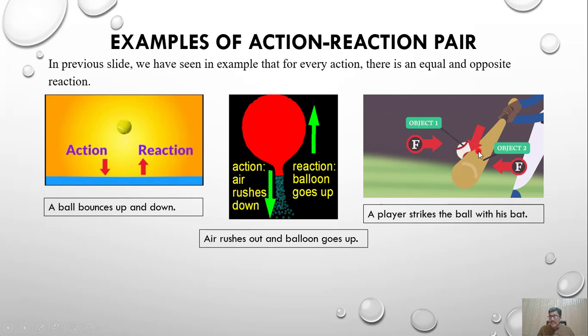As the ball hits the bat, that is your action, and in reaction the object 2, that is the bat, will apply some force on the ball, that will be your reaction force. So both forces will have the same magnitude, but they will be in opposite directions.